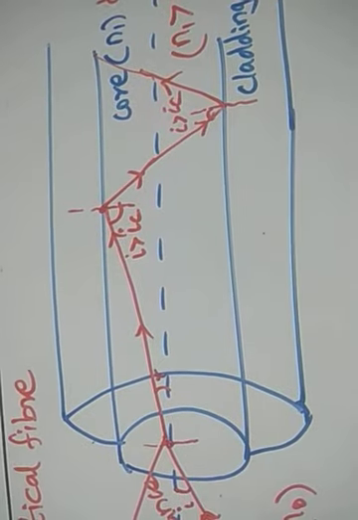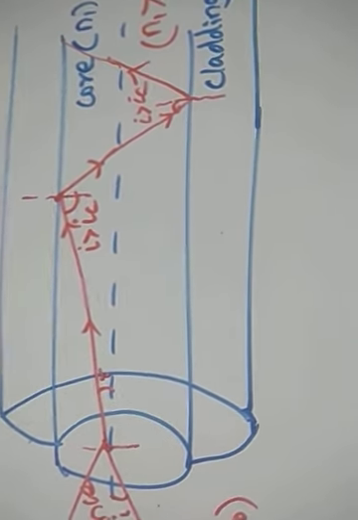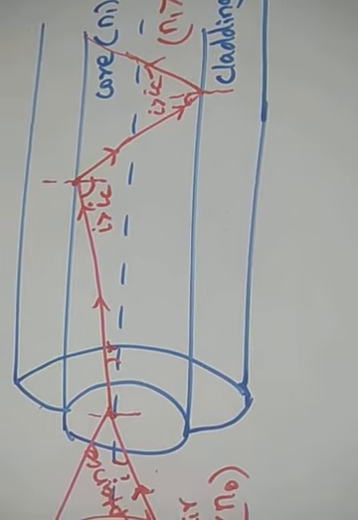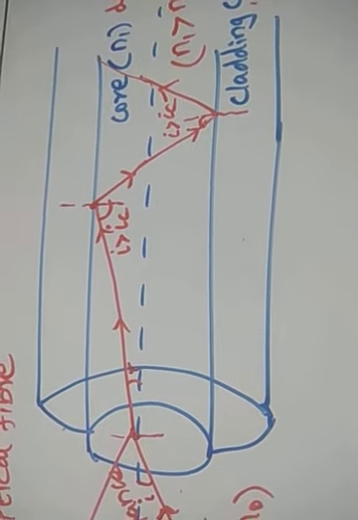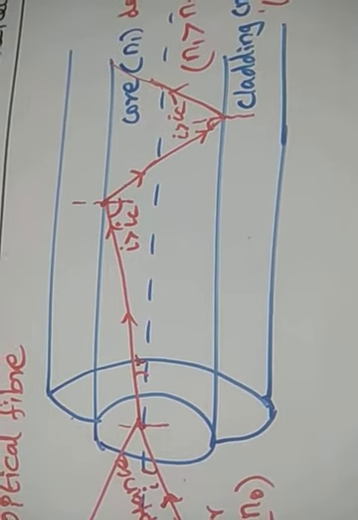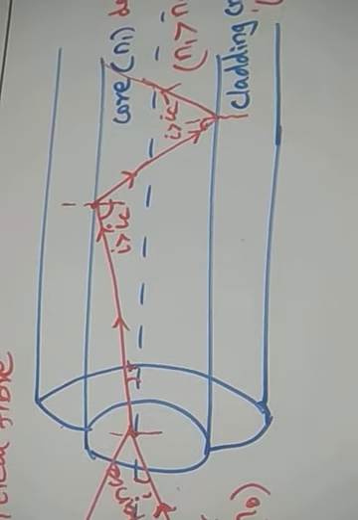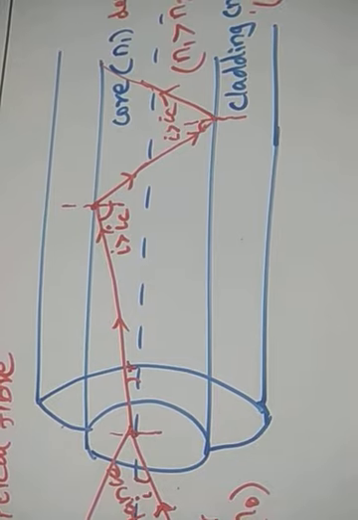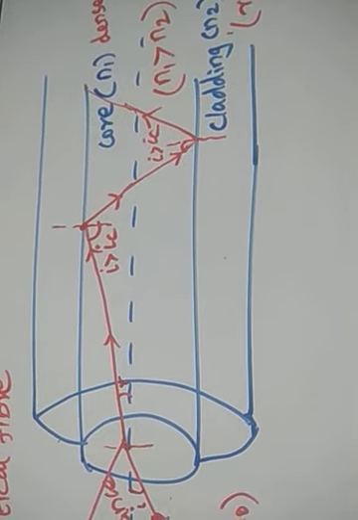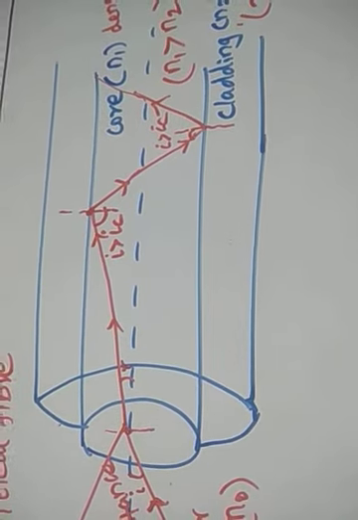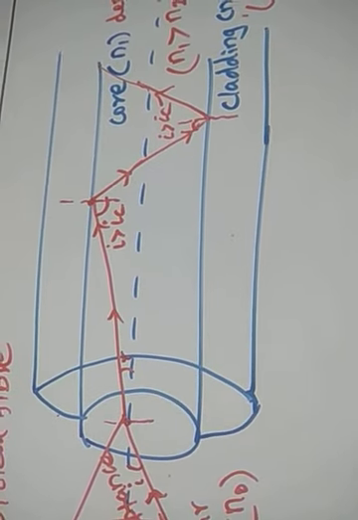Optical fibers are used in medical purposes, for examination of the inner organs of human beings. In endoscopy, when you go to an ENT doctor, the doctor sends a tube-like, rod-like structure into the ear or nose, and he is able to see the inner organ on the TV. That is endoscopy, which works on the principle of total internal reflection.